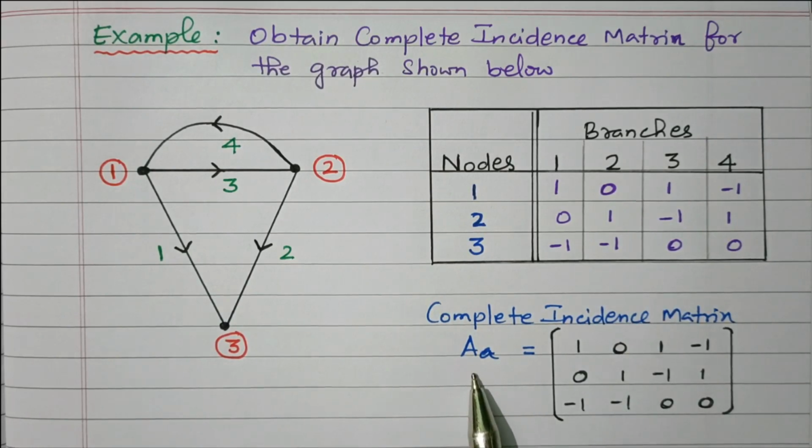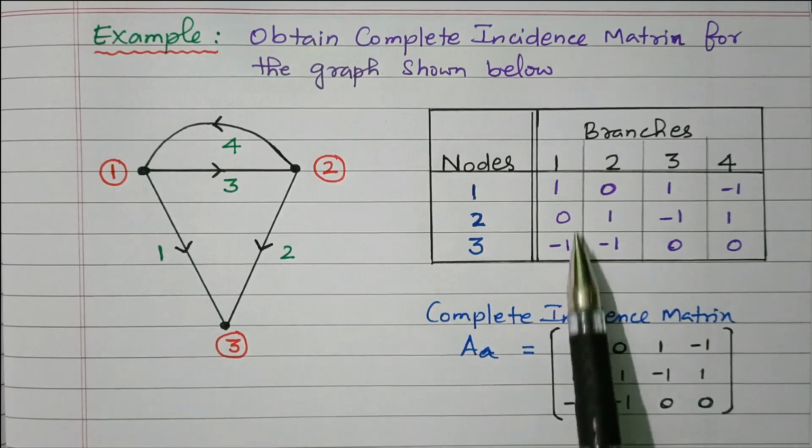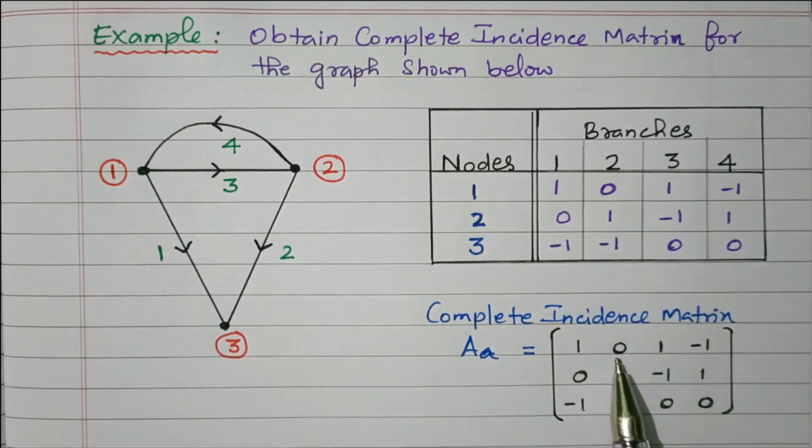The complete incident matrix is represented as A suffix A. So this can be written 1, 0, 1, minus 1, 0, 1, minus 1, 1, minus 1, minus 1, 0, 0. Having 3 rows because of 3 nodes, 4 columns because of 4 branches. So this is a complete incident matrix.